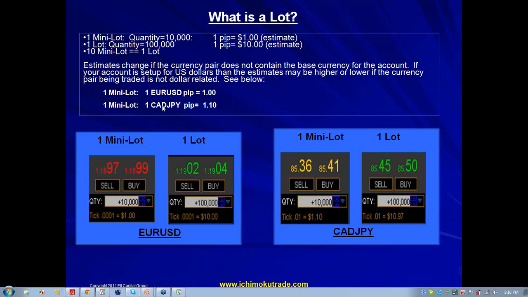The reason is that there's no dollar in the pair. I'm in the US, so when they trade this currency pair, I'm going to be holding Canadian dollars or Japanese yen, and they have to convert back to US dollars. So there's a difference of 10 cents off a dollar. You guys see that? But if in your mind you just think always $1, you're going to be fine.